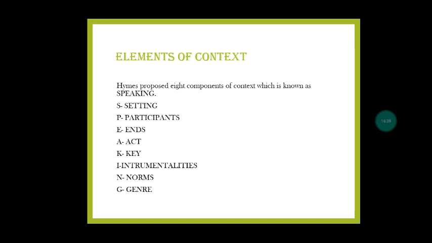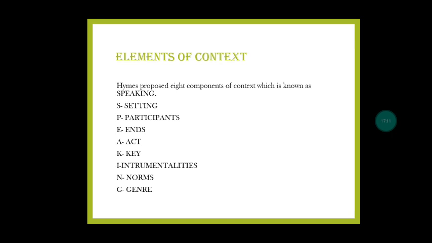So S for setting, P for participant, E for ends, A for act, K for key, I for instrumentalities, N for norms, G for genre. Setting refers to the time, place and circumstances of a speech act. So it's about where or when the speech act takes place.